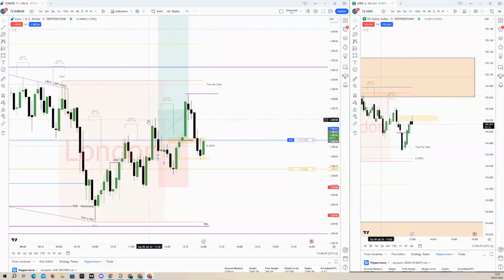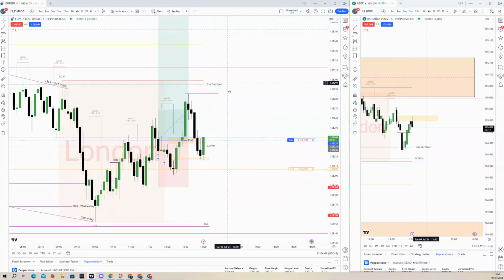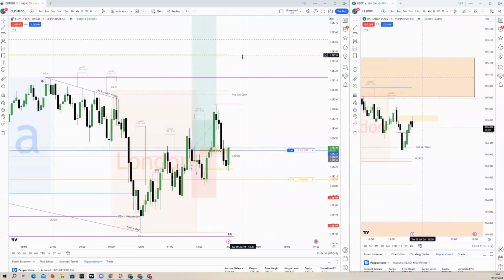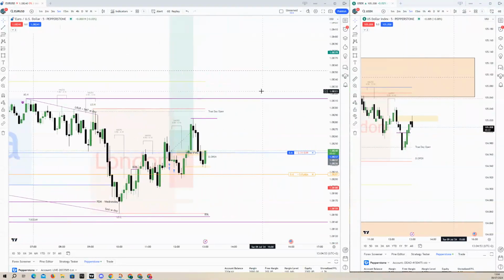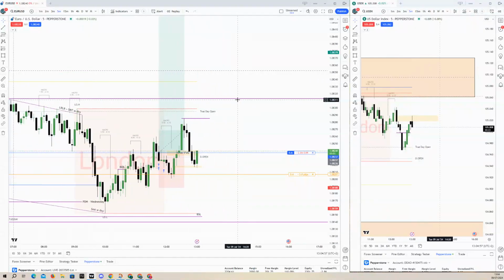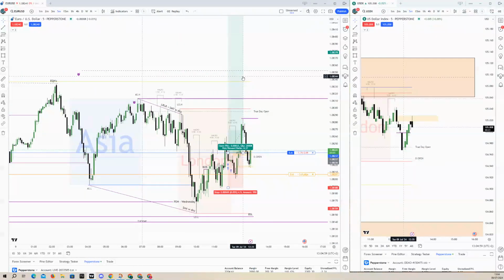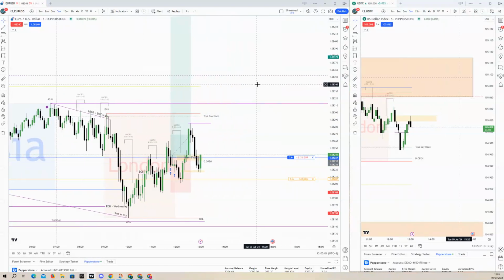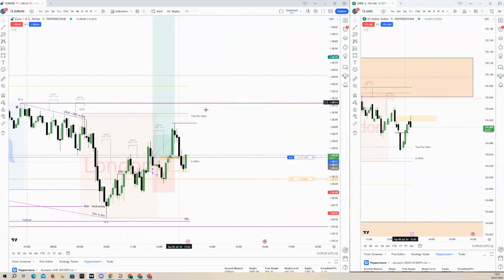So I'm not sure what I will do if this indeed goes all the way back up there and takes out all this initial liquidity that I wanted it to do. And I might step out of the whole trade. That depends on what time it is when we reach that point. So first off, let's hope we get back into this high over there.